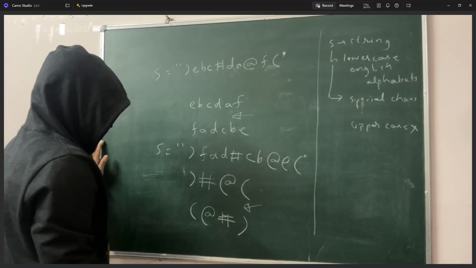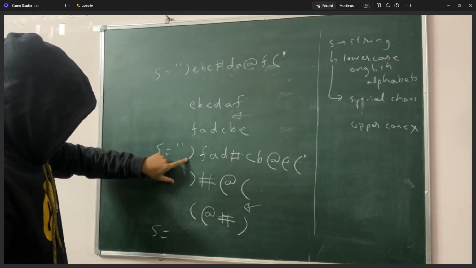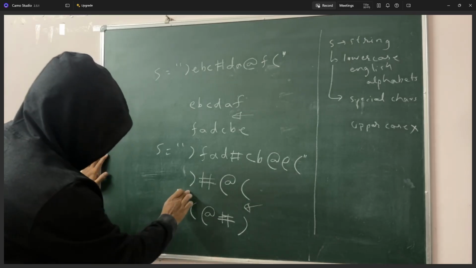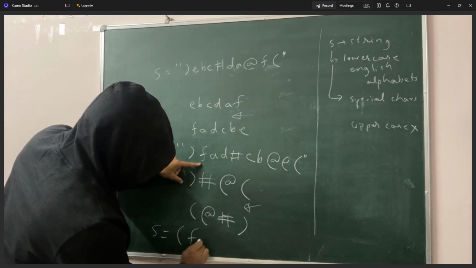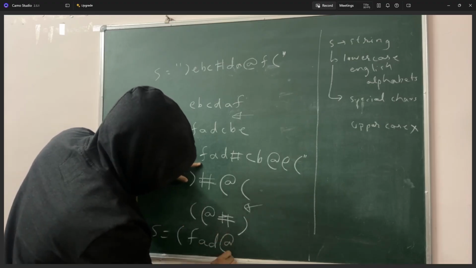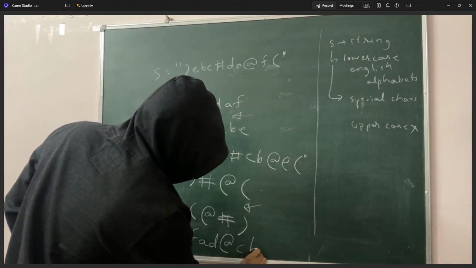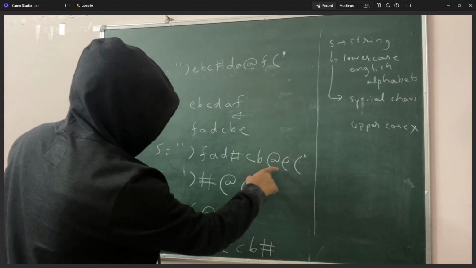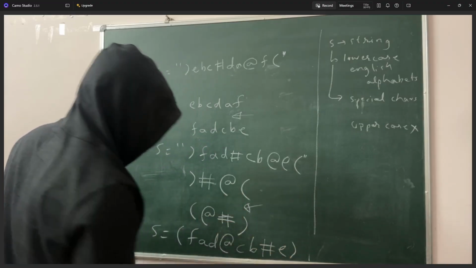Now if you update the string: you have an open parenthesis, but when you replace it, it will be the closing one, so it will be open, and the characters you write as they are. When you have hash, you should replace it with @. We have @, so in place of @ we have hash. Now E as it is, and the open parenthesis you should replace with the closing parenthesis.